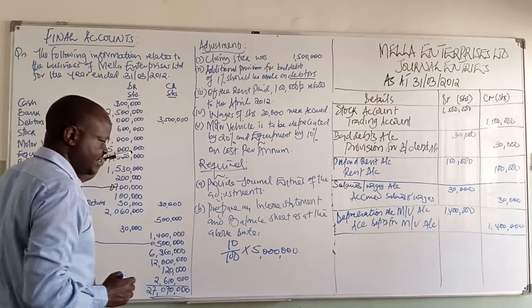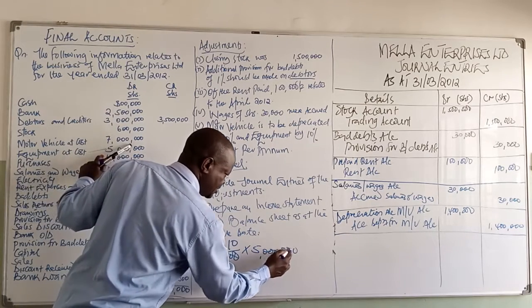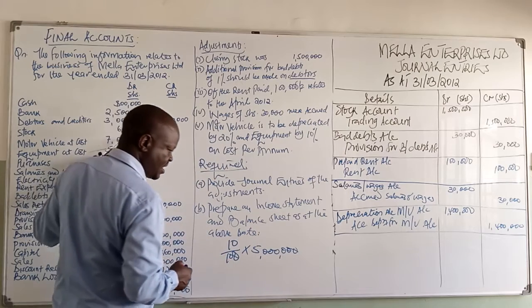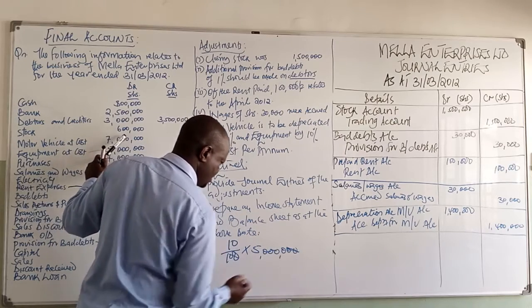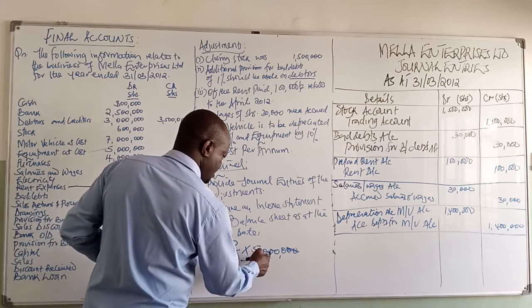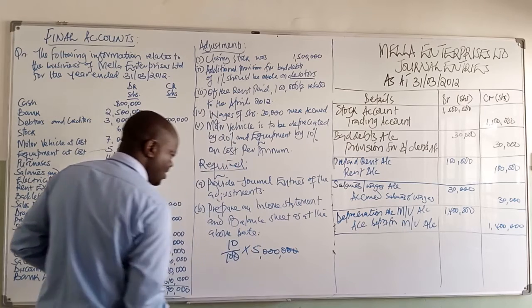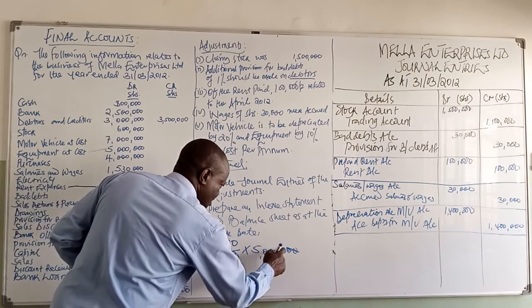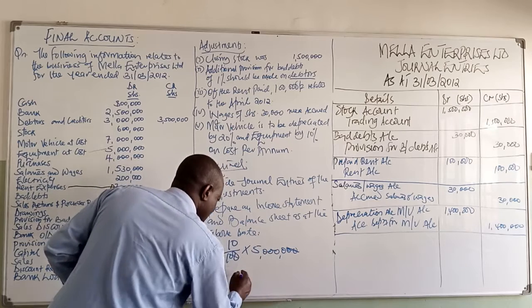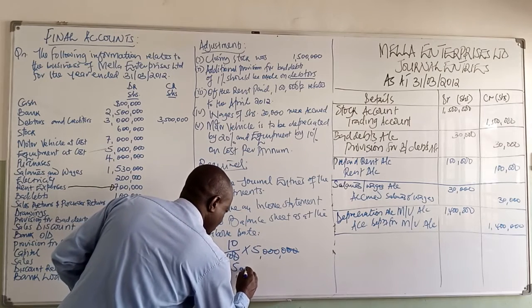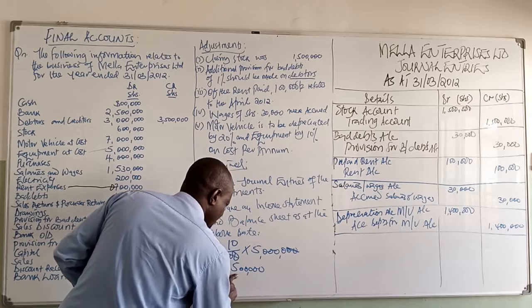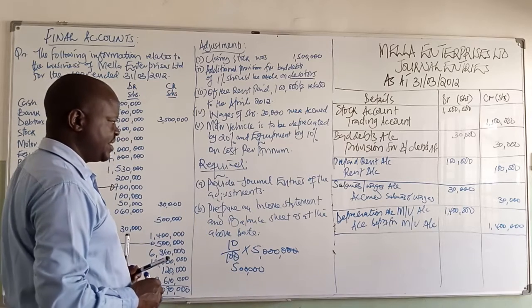So we have 10 times 50,000, which is how many zeros? 1, 2, 3, 4, 5, which is 500,000.